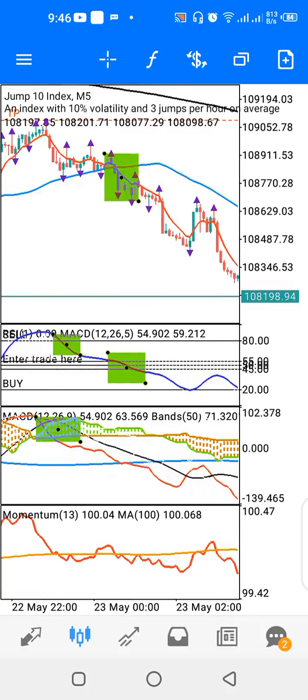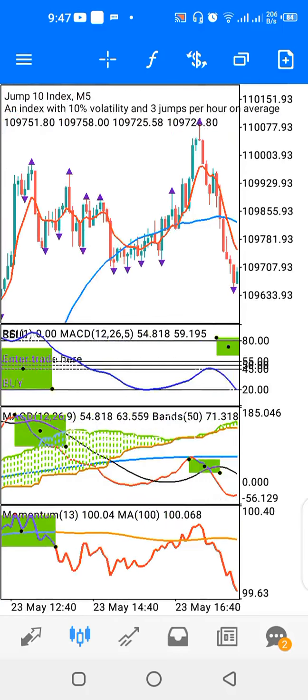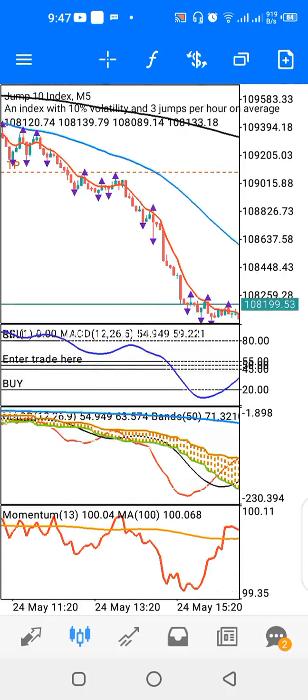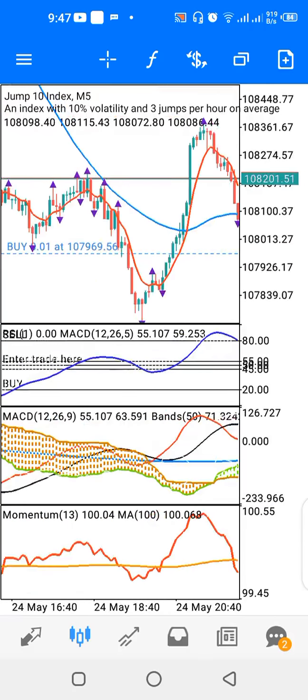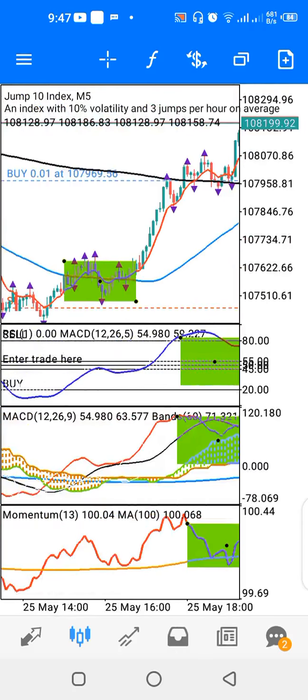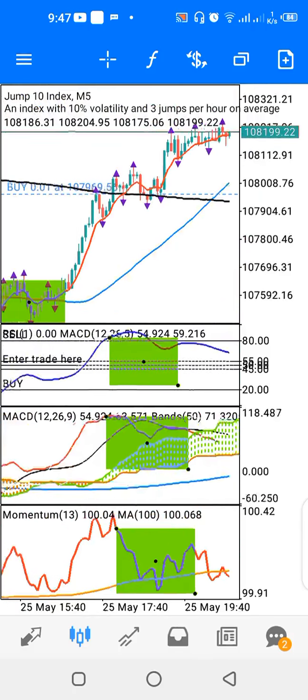Like I said, it's a good strategy. Make sure you backtest it. Try to backtest the strategy. Backtest means check it in line with what has happened in history. Then go to demo and practice.